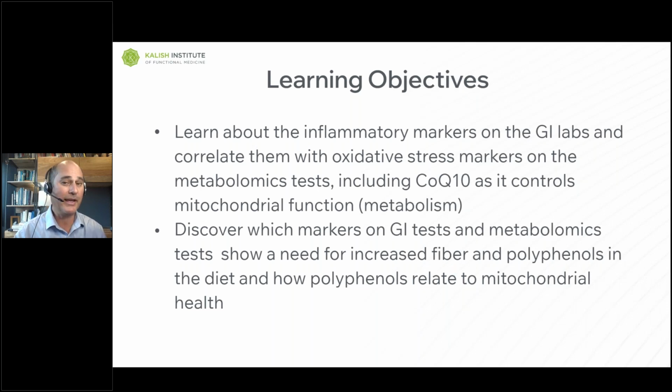A lot of thinking about CoQ10 and how that relates to mitochondrial function. And then when we look at the labs, we want to figure out exactly which markers on the GI tests and metabolomics test are going to show a need for fiber and polyphenols in the diet. And then how polyphenols relate to mitochondrial health.